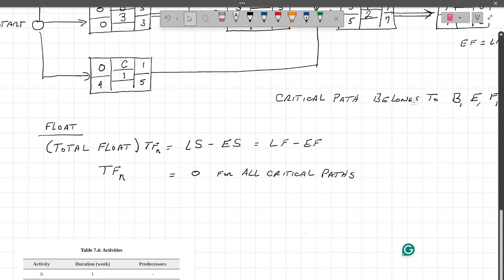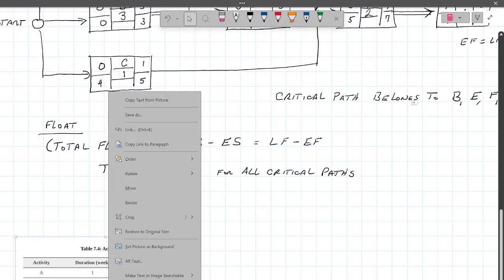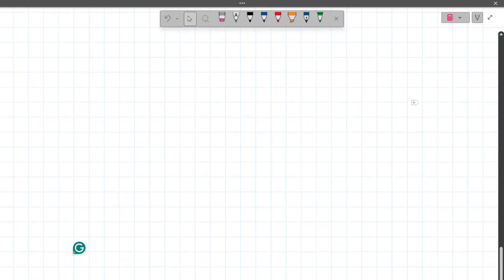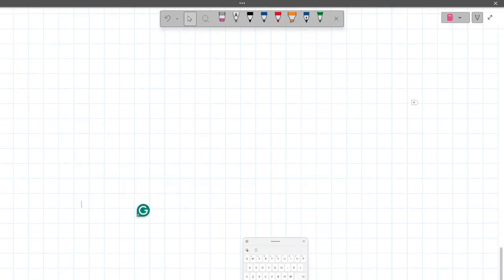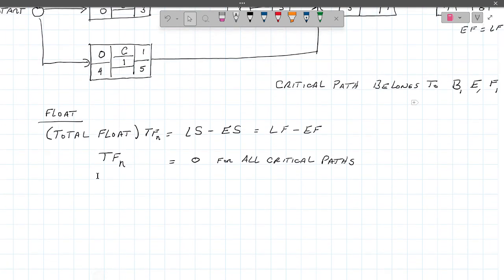Okay, there's one more type of float. Well, actually, there's a couple more. Let me get this down onto... cut, paste it down there. Okay. There is a free float, and that's usually labeled FFN.